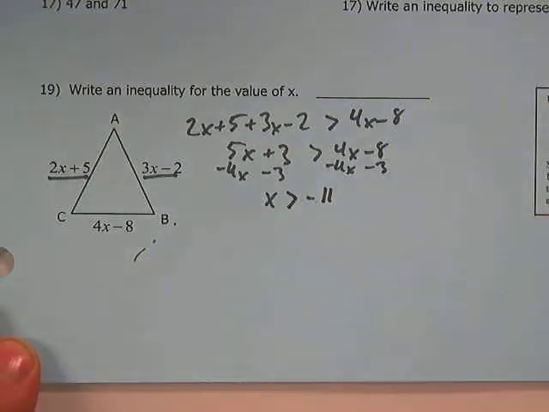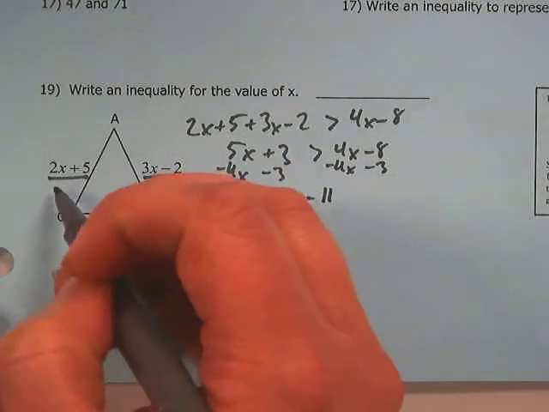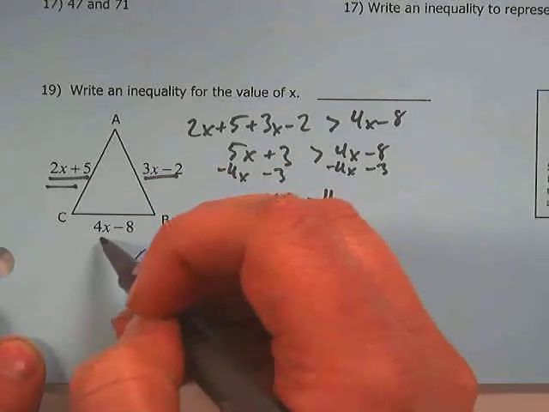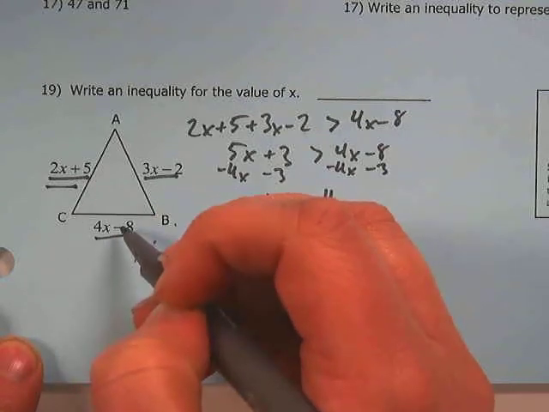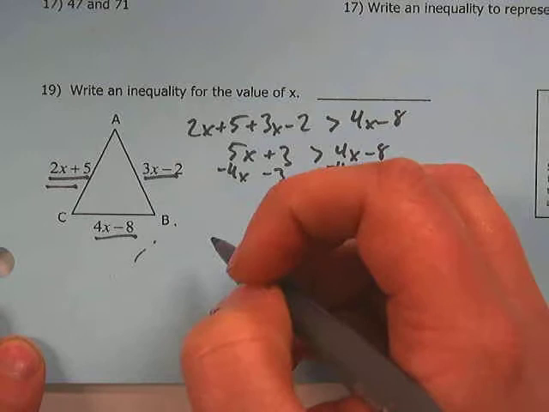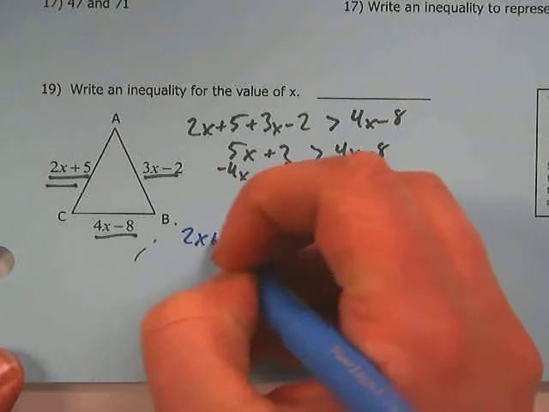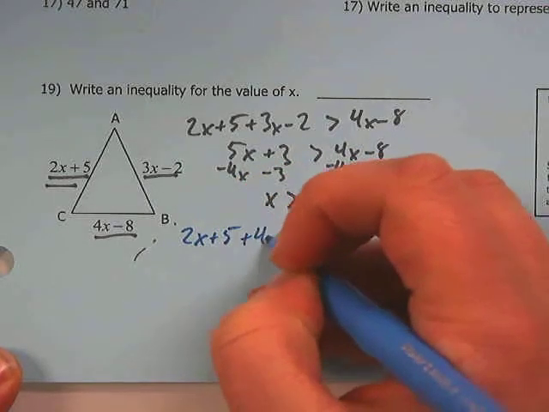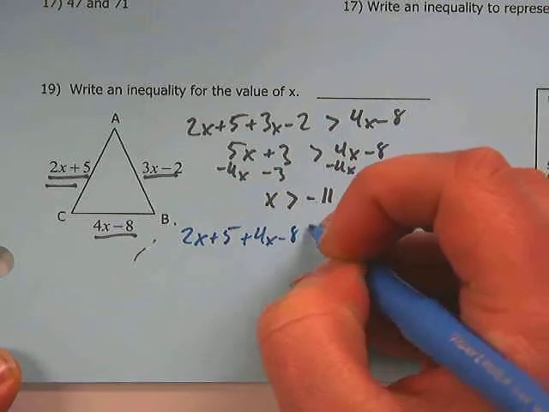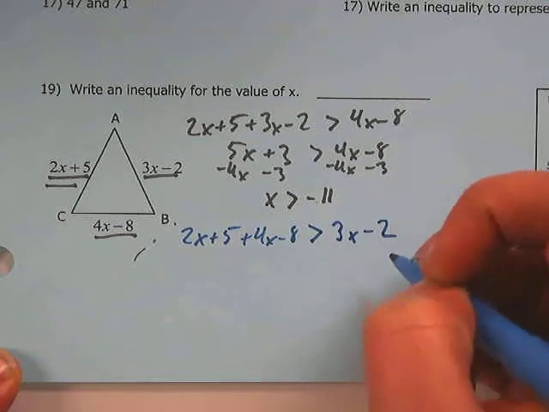But that might not be the only constraint here, so we have to set up a few more inequalities. So we also know that 2x plus 5 plus 4x minus 8 has to be bigger than 3x minus 2. So we can set up a second inequality: 2x plus 5 plus 4x minus 8 is greater than 3x minus 2.